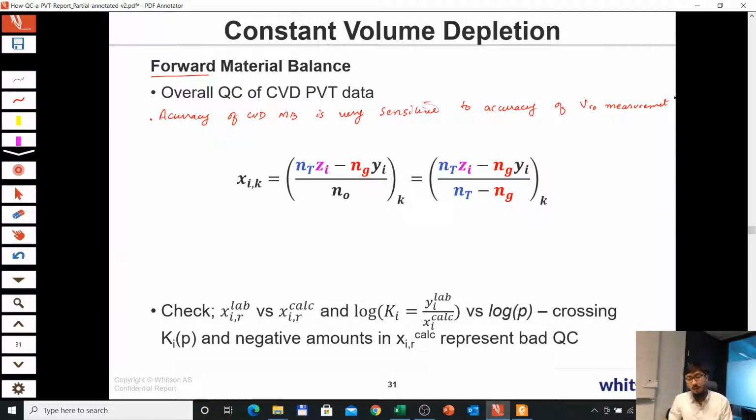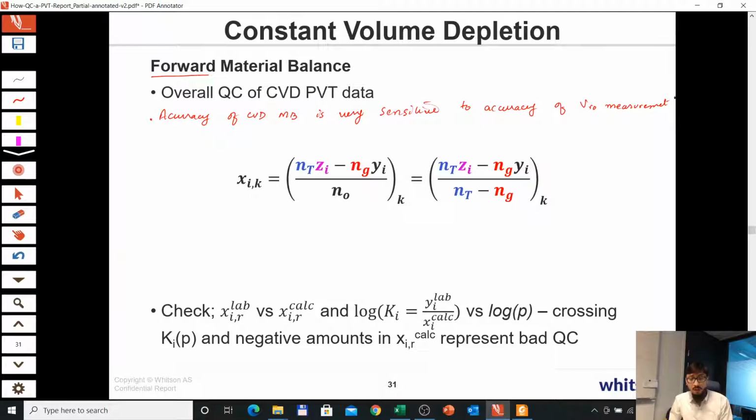Okay. And the reason is that in this QC, what you will see is that we will be calculating the equilibrium oil composition at each pressure state. And the equilibrium oil composition is a function of many things. One of them is this relative oil volume, and if relative oil volumes are not accurately measured, then they may cause even negative mole fractions of the calculated equilibrium oil compositions.